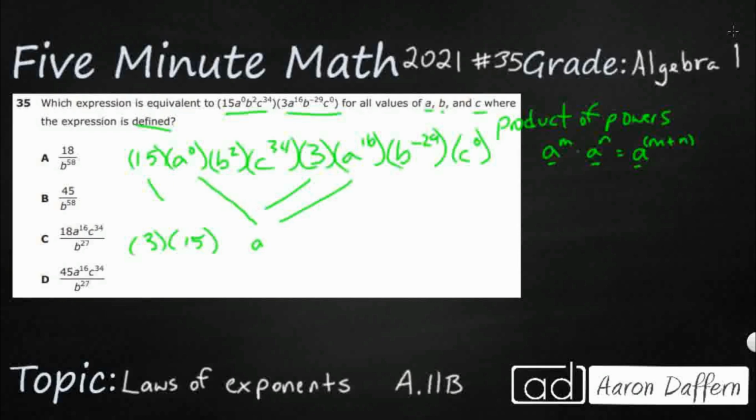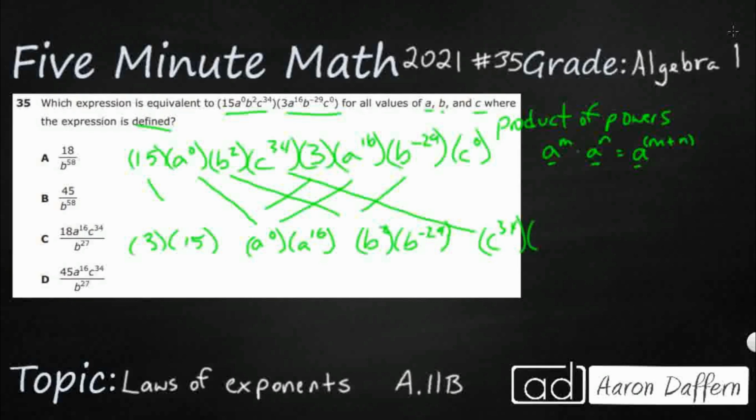So A to the 0, and then A to the 16. Now let's take my B's. I've got my B and my B. B to the 2nd, B to the negative 29, and then my C. Okay, I've got my C to the 34, and then C to the 0.